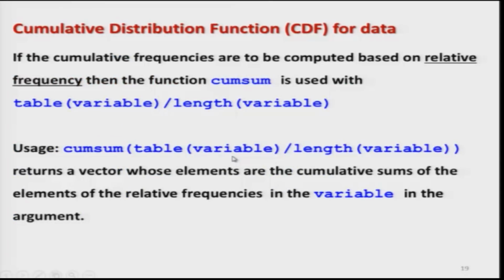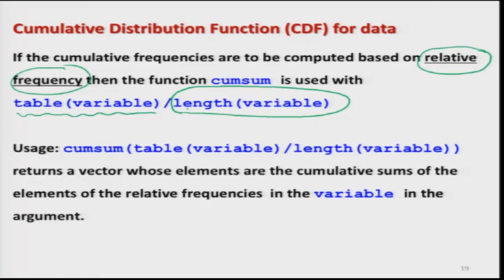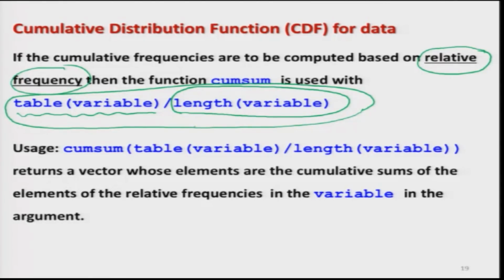And similarly, in case I want to produce the same cumulative frequencies with respect to the relative frequencies, I simply have to use the same command, table of the variable, divide it by the function length of the variable, and then use the cumsum command over this new variable. So, using the function cumsum will produce the cumulative frequencies or the cumulative relative frequencies of the data contained in the variable.